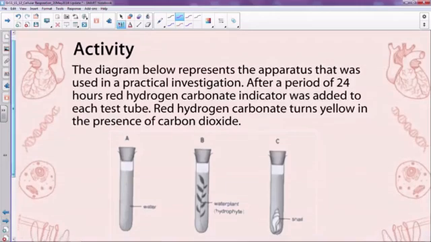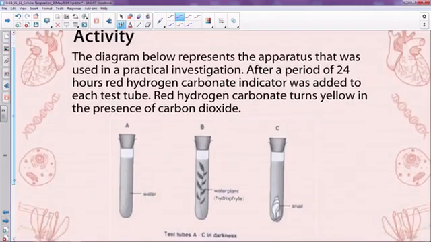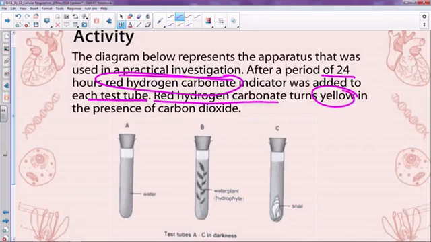I've got quite an interesting experiment here that I'd like to start and get through with you guys. The diagram below represents the apparatus that was used in a practical investigation. After a period of 24 hours, red hydrogen carbonate indicator was added to each test tube. Red hydrogen carbonate turns yellow in the presence of carbon dioxide.